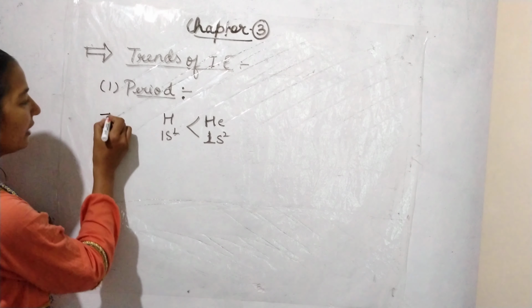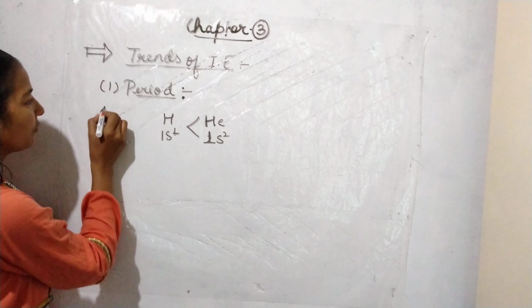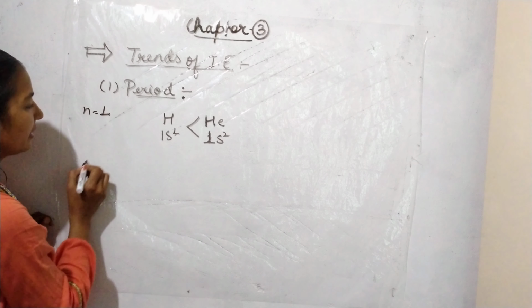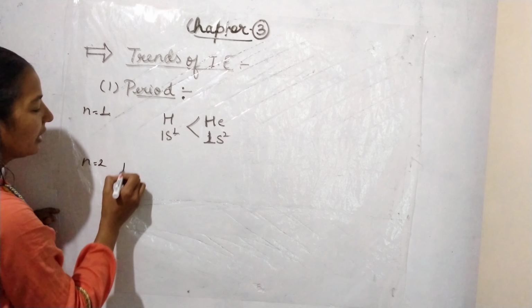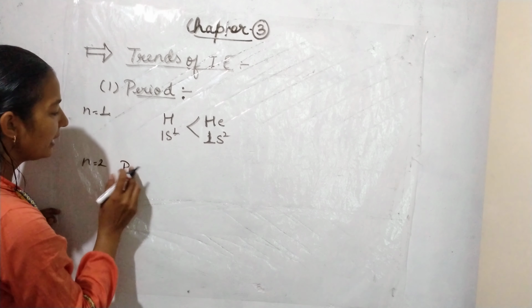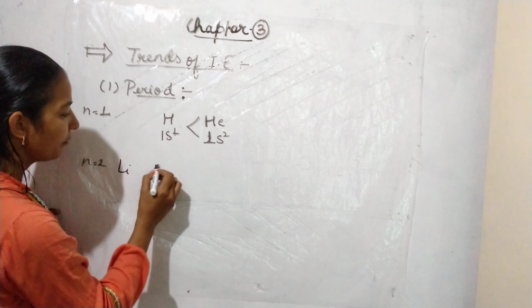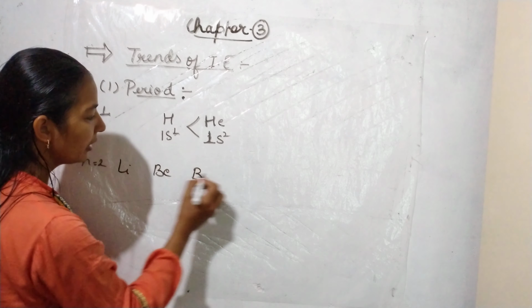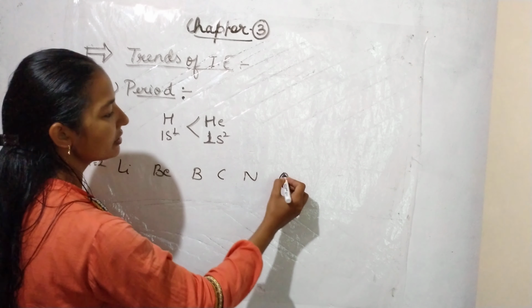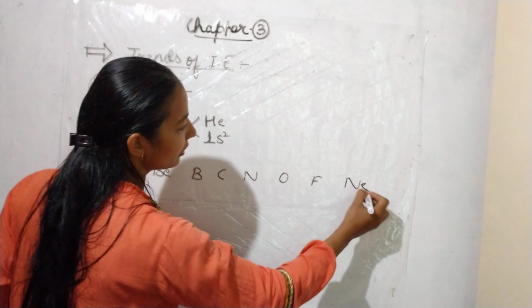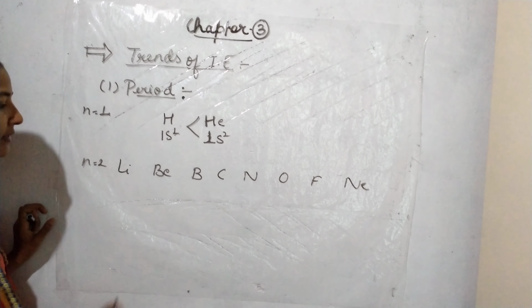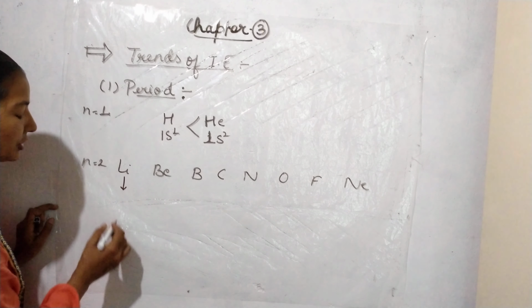Second, n equals 2, the second period. Let's start with lithium, beryllium, boron, carbon, nitrogen, oxygen, fluorine, neon. So which has the highest ionization energy? Let's write down the configurations.